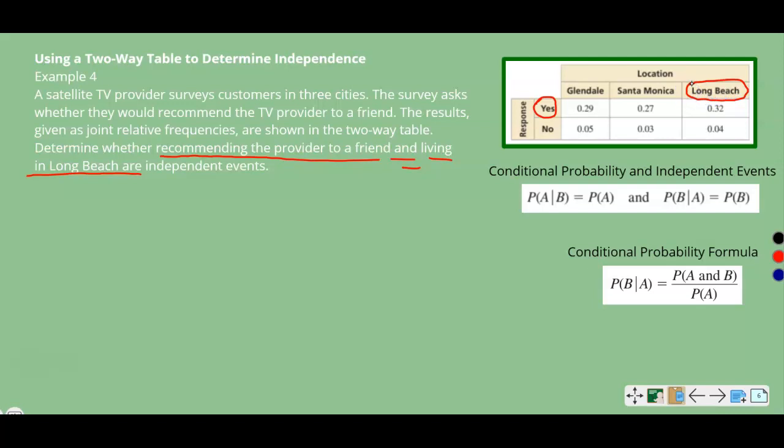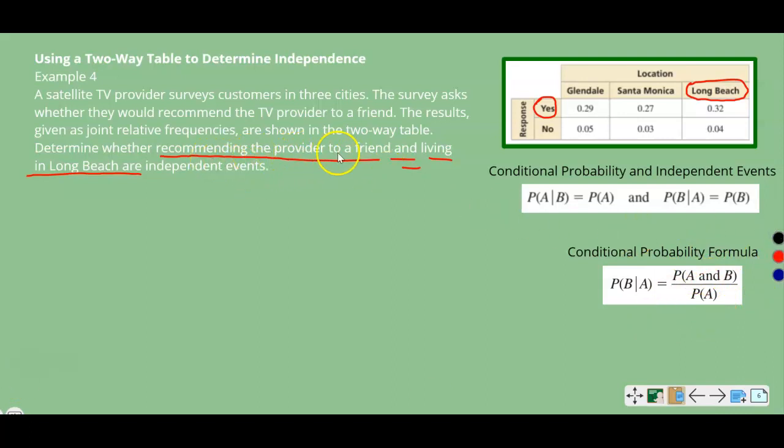We're given a two-way table, which is nice, and here is a reminder of what we need for this problem: conditional probability and independent events. These are our conditional probability have-to-haves, and the conditional probability formula is here. We learned this in the last unit.